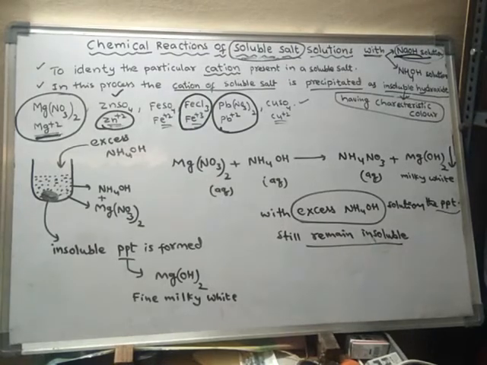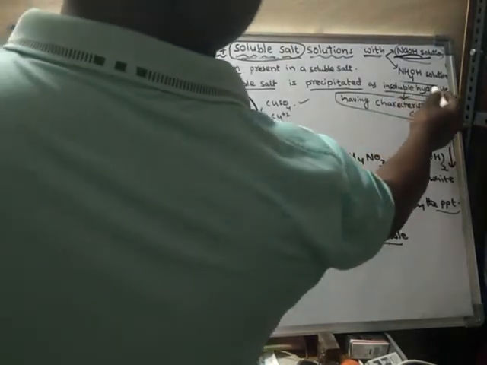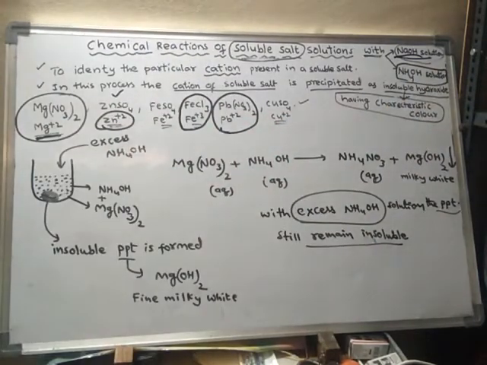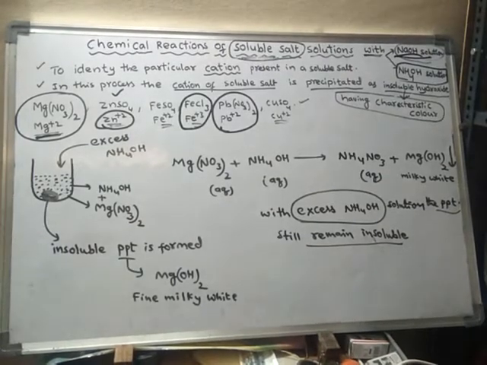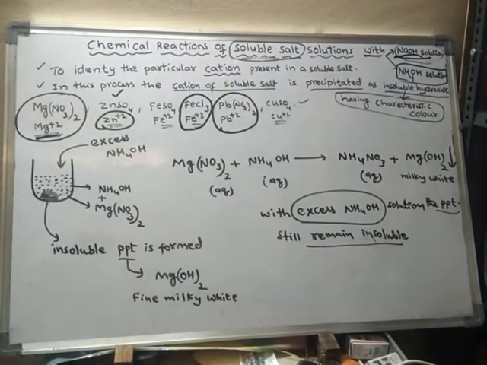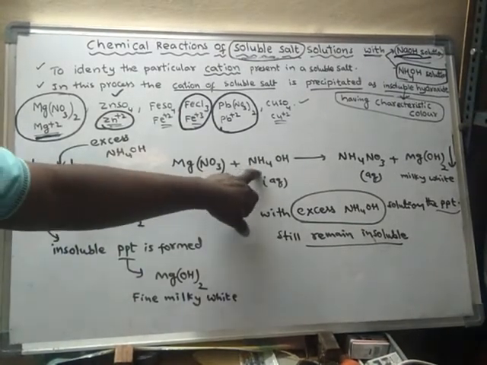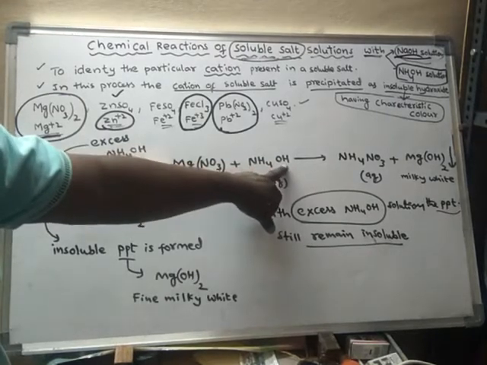So like this, even with the help of sodium hydroxide solution also, we can easily find out the given cation present in the soluble salt. So here also, the process is same, but the chemical we have used here is ammonium hydroxide instead of sodium hydroxide.